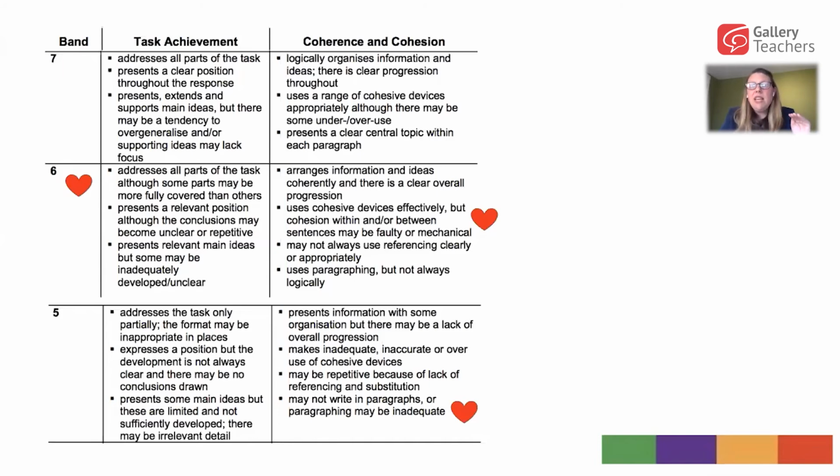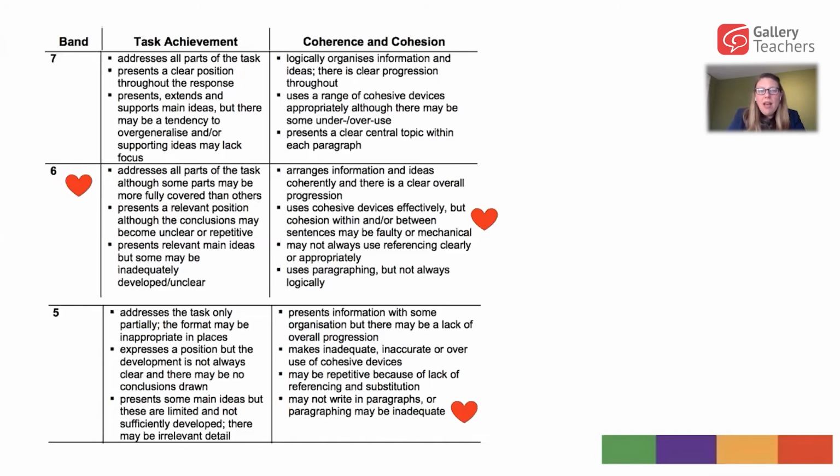So if anything is missing or wrong, okay, they cannot go beyond that band, even if there are aspects of band 6 that they have as well. Doesn't matter. If everything in band 5 is not satisfied, they cannot move to 6. If everything in 6 is not satisfied, they cannot move to 7. Again, this is publicly available information. Okay, so let's have a look at task achievement, okay? And I put a little heart next to this one.